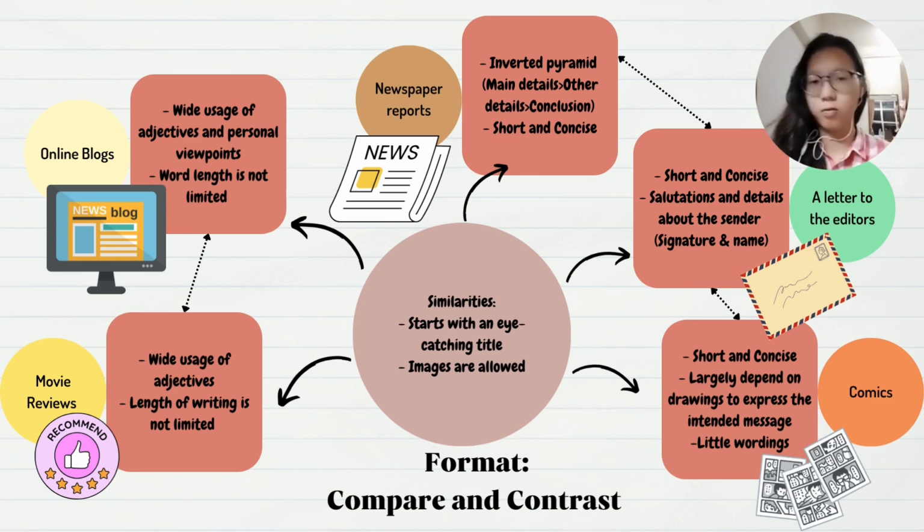Then comics, of course, we have drawings, and online blogs, of course, whenever authors express themselves, it's best to have pictures as well for readers to understand. Then lastly, movie reviews can also include a bit of the profile picture of the movie. And that is all for my part.